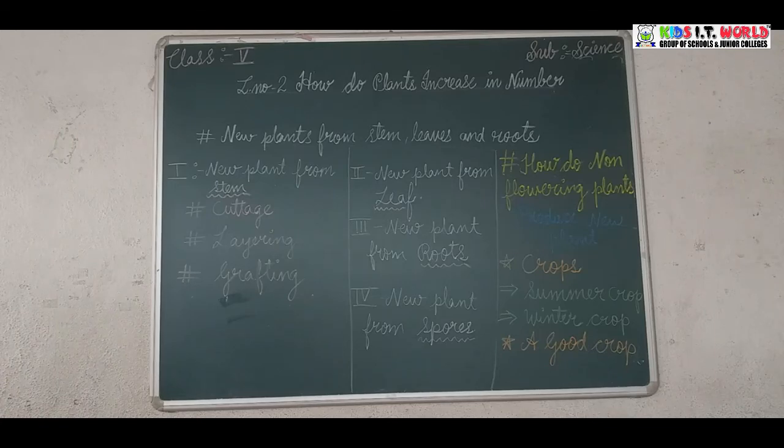We will see two seasons, summer and winter. In the summer and winter, what will happen? In the summer season, summer crops are called kharif crops. These crops grow from June to October. For example, rice, maize, bajra, jute and pulses are kharif crops.